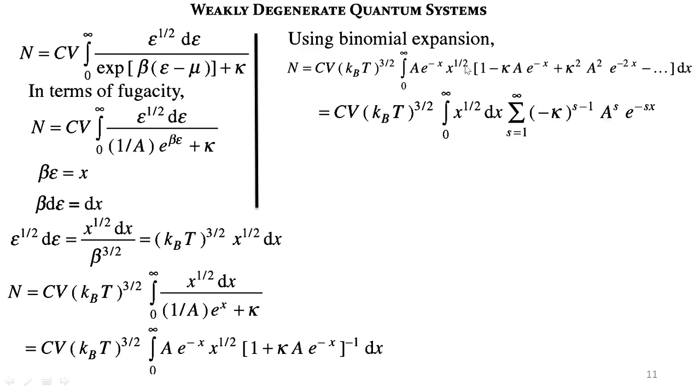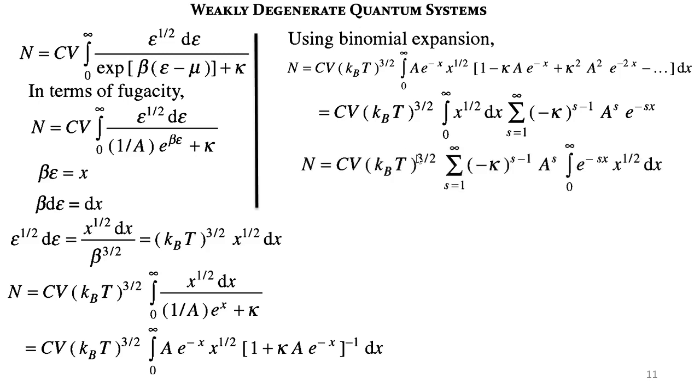So first when it will be multiplied with this, it will be a. Here it is a term of a square, of course. With this will be a square, with 1 it will be a. Here it will be a cube, so you can easily get this. Fine, let's move ahead. Now if I take this further, then we can write down this C_V as summation over say s going from 1 to infinity, minus kappa raised to the power s minus 1.